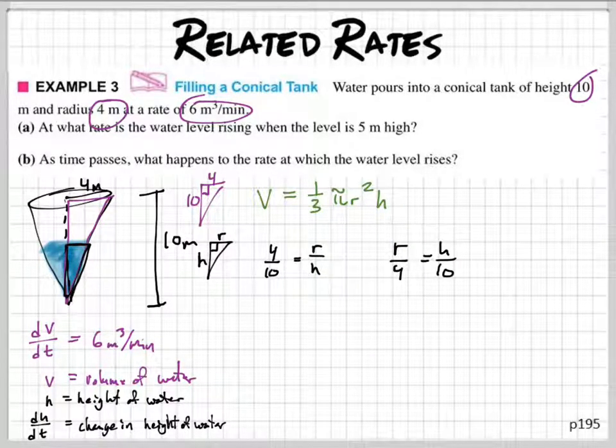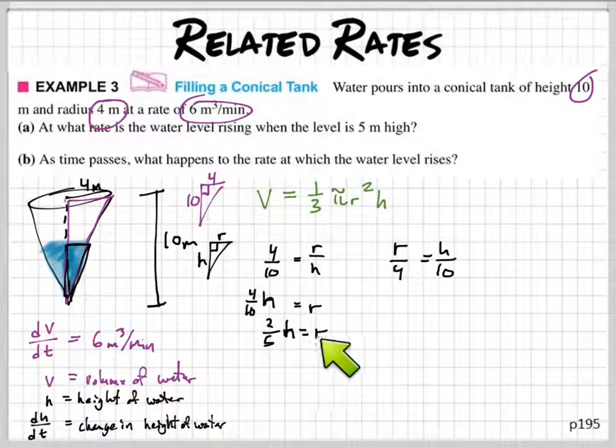So that would be r equals 4 over 10 times h, and 4 over 10 is 2 over 5 times h. Thank you, times h. That equals r. Okay, so that is my r. So now I can plug that in for r, and then I don't have any more r.